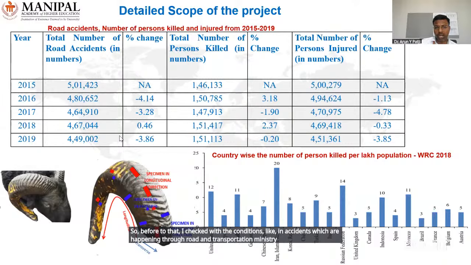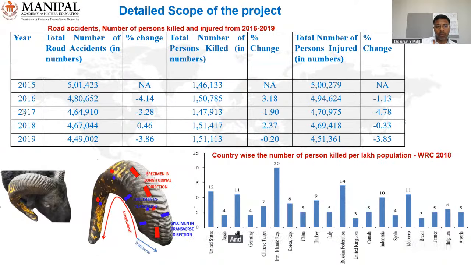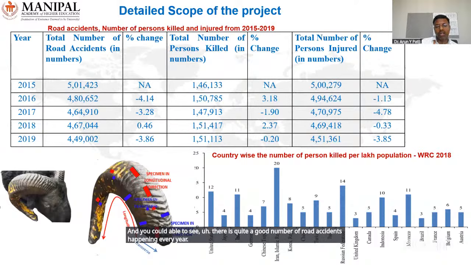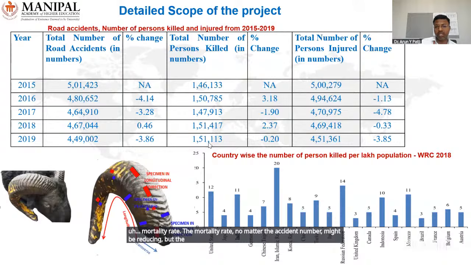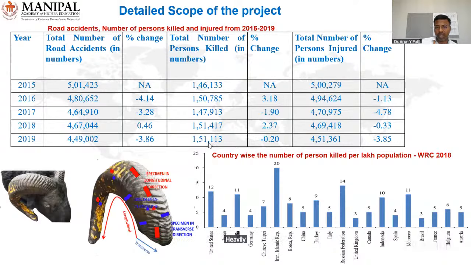You can see there is quite a good number of road accidents happening every year, and this is rising year after year. In terms of mortality rate, no matter that the accident number might be reducing, the mortality rate is increasing heavily. So this was a concern we wanted to focus on.